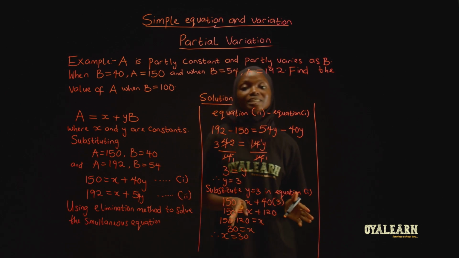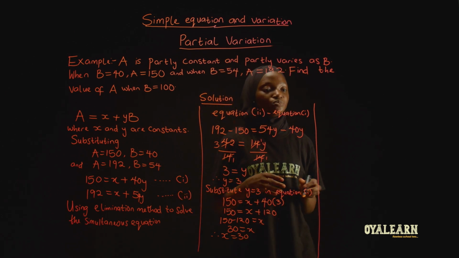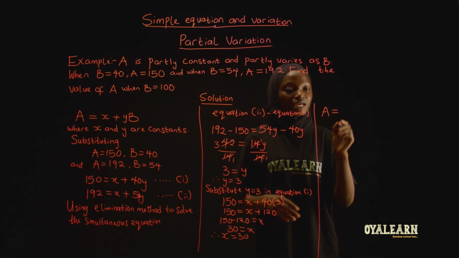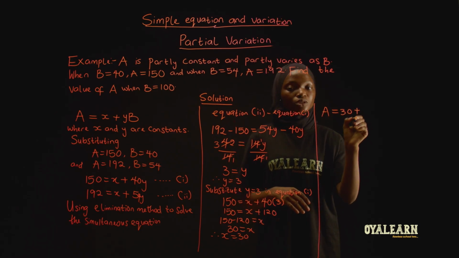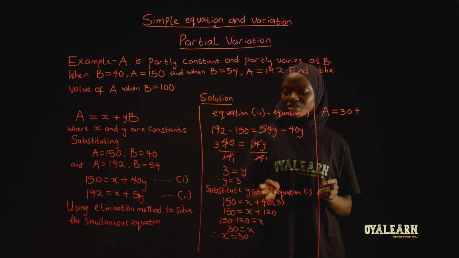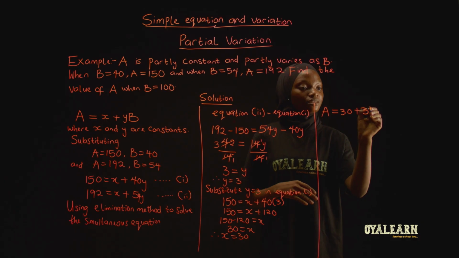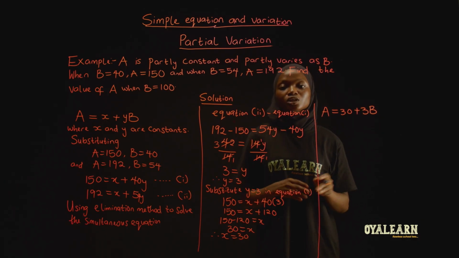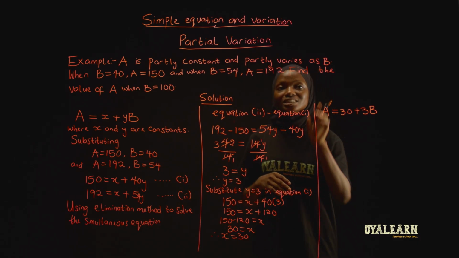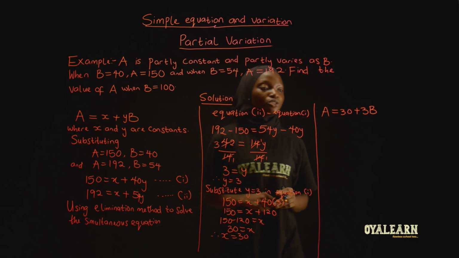Now the formula connecting A and B here would be A equals X, which is 30 now, plus Y times B. Here we have our Y as 3, then B, so we have 3B. So yeah, this gives us the formula connecting A and B. But what we are told to find is the value of A when B equals 100.